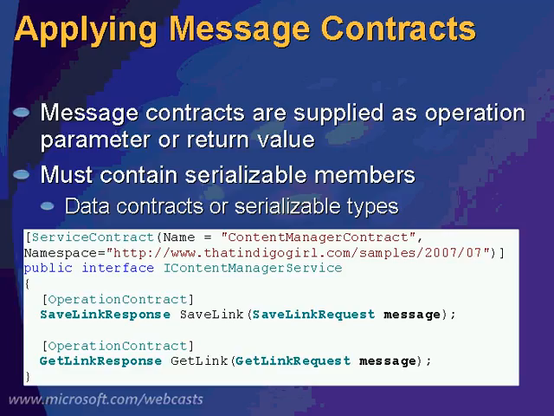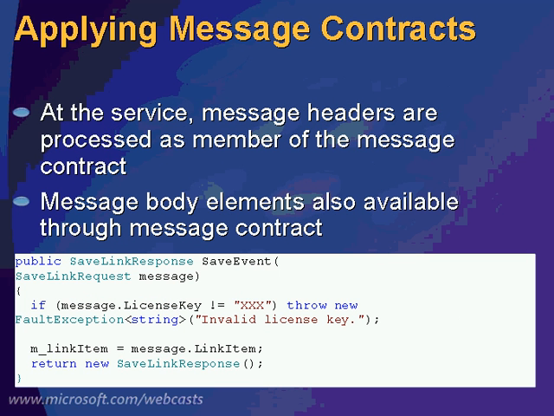Good to know that your serializable types can be serialized. And then if we want more control over the SOAP message, and perhaps for custom headers specifically, we would use a message contract instead of serializable types in the parameter and return.